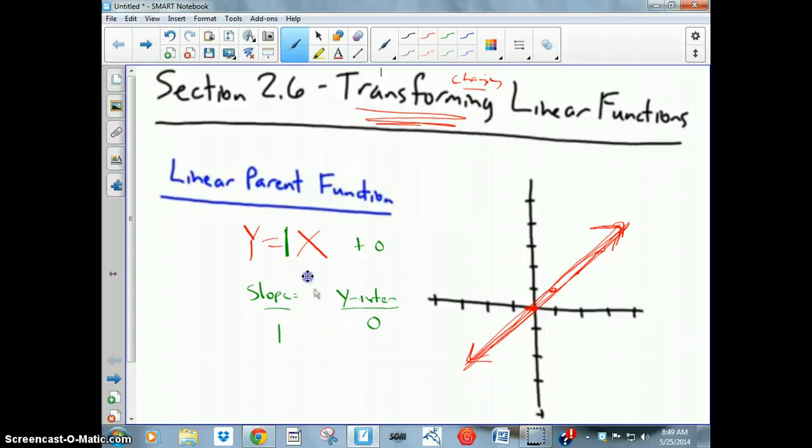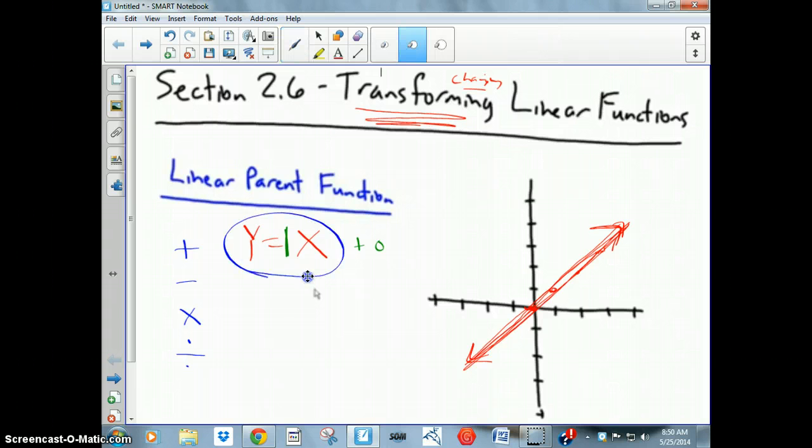And we're going to use this graph to transform all the functions this unit. Everything we do will alter that graph. And what do I mean by alter? Well, what I mean by alter is this. Anytime you add, subtract, multiply, and divide this equation by certain numbers, it will affect what happens with that graph.